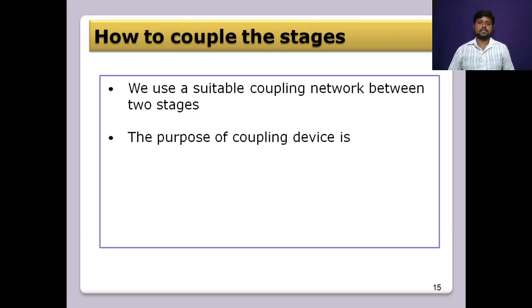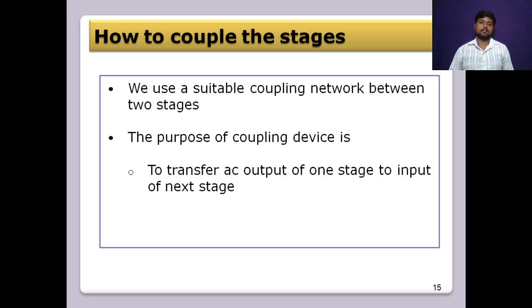How do we couple these stages? We use a suitable coupling network between the two stages. What is the purpose of this coupling? It is to transfer the AC output of one stage to the input of the next stage. The amplifier is amplifying the AC signal, but we also use DC for biasing.